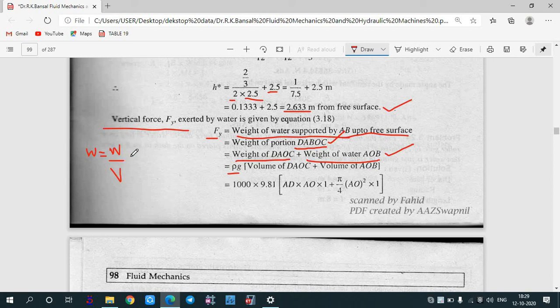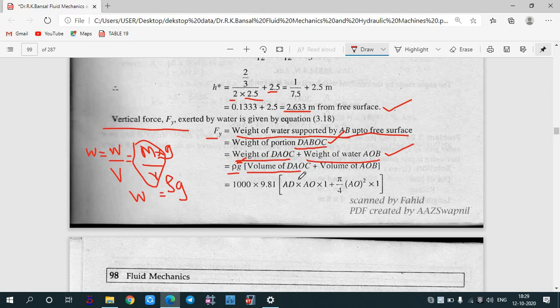Now weight can also be written as mass into gravitational acceleration by volume. But mass by volume is nothing but your density, so that will be your rho g. This is the specific weight. So weight can be replaced by specific weight, and in order to calculate the total weight, we need to multiply it by the volume. So rho g will be common in both the cases.